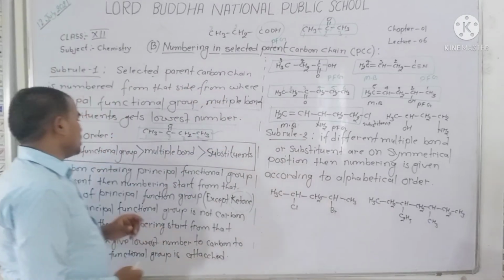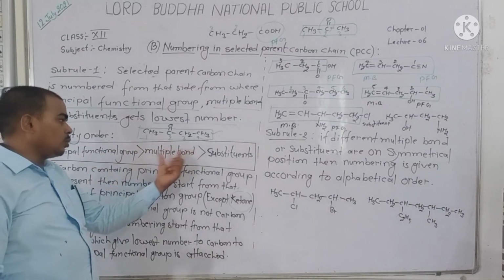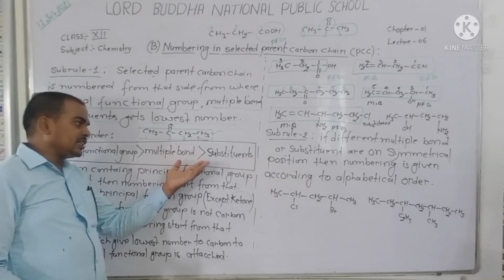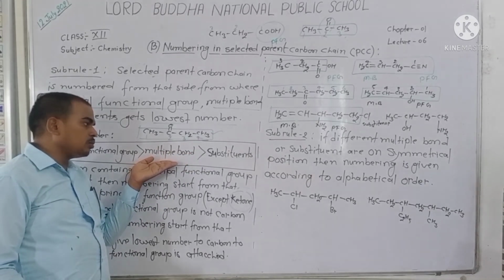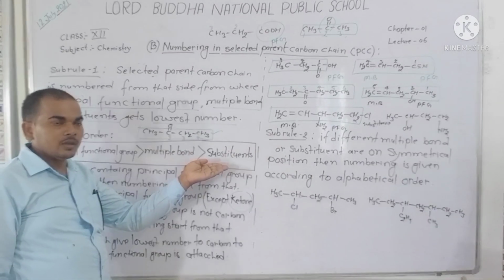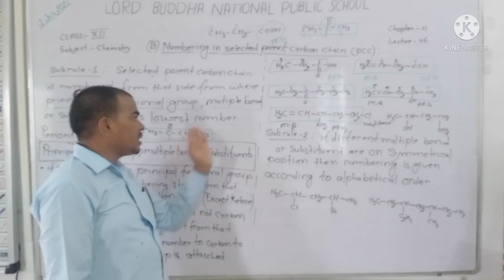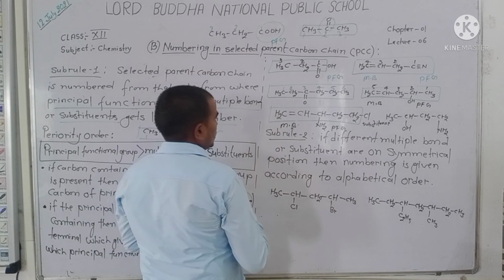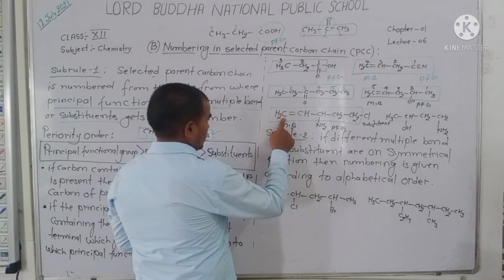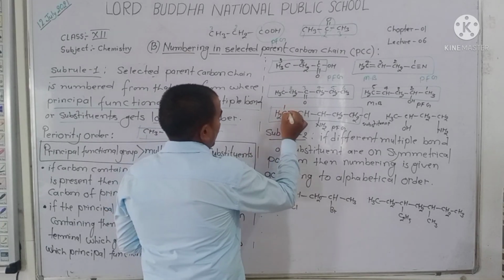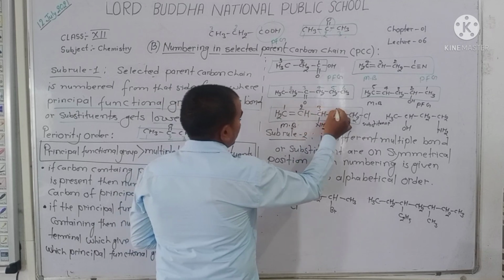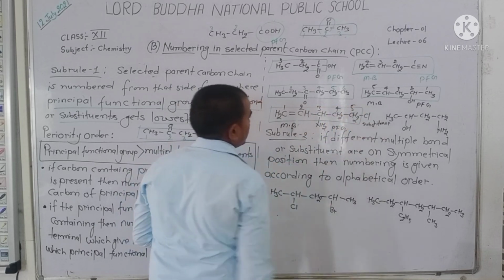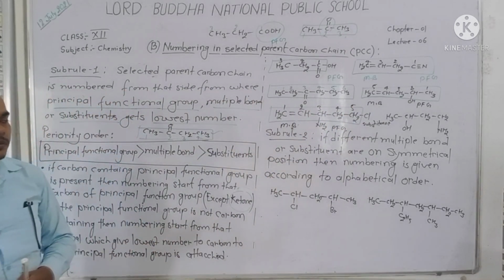You know that as compared to substituents, the multiple bond gets more priority. So counting starts from the side of the multiple bond. The multiple bond is present here. So counting starts from here: 1, 2, 3, 4, 5.